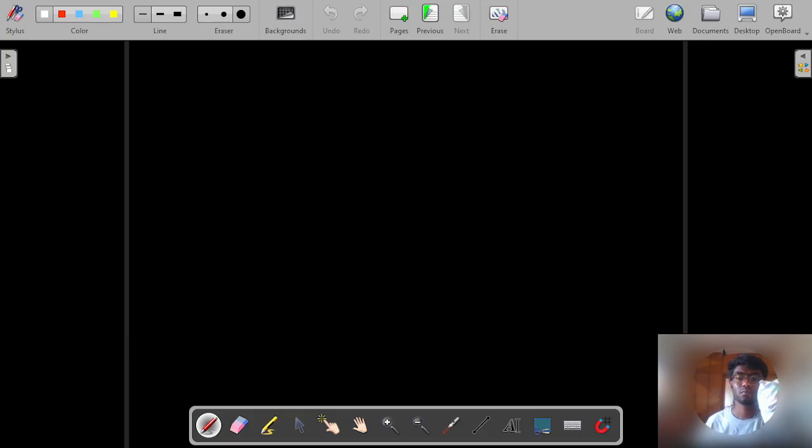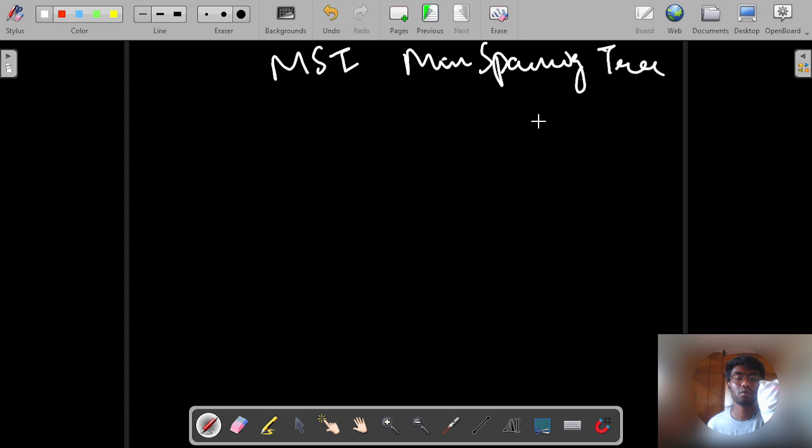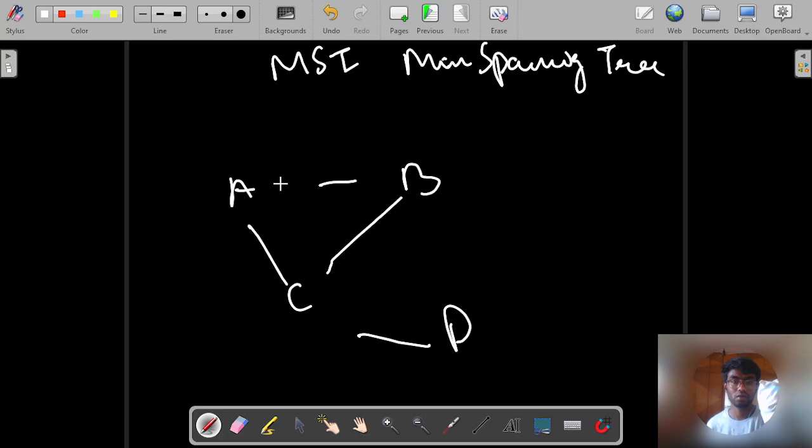So MST stands for minimum spanning tree. Spanning tree, which means, let's say we have an example tree, something like this: A connecting to B connecting to C connecting to D, and 2, 2, 3, 2.